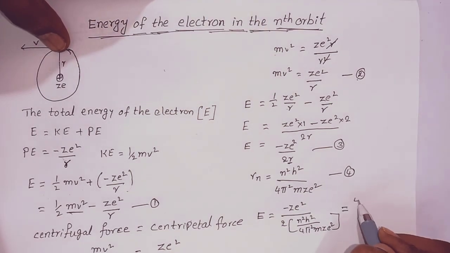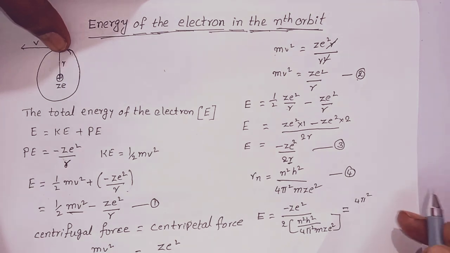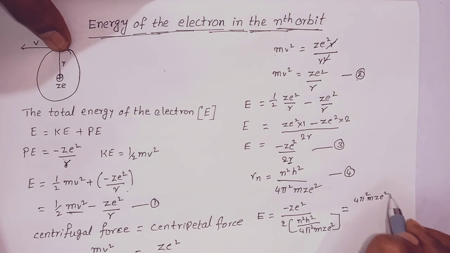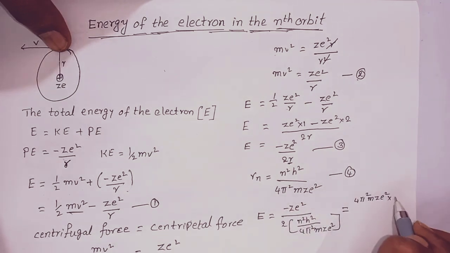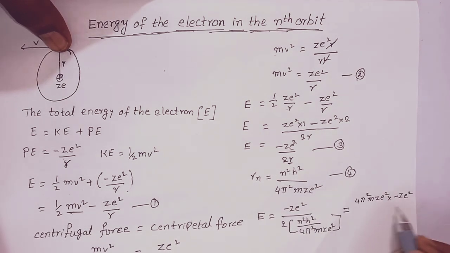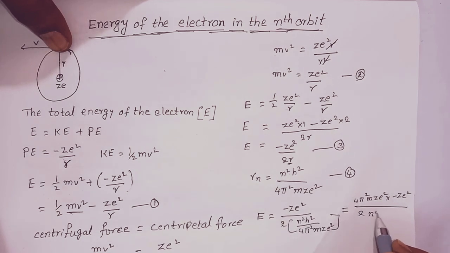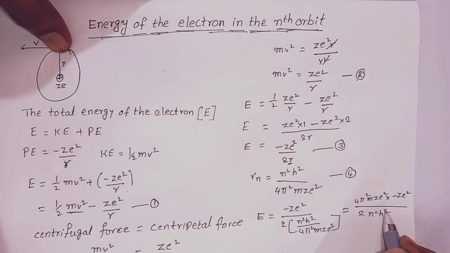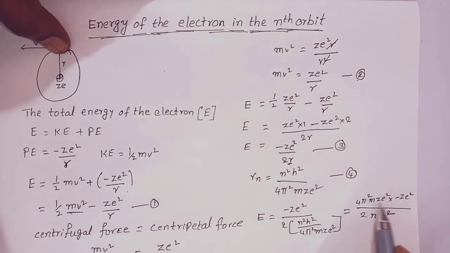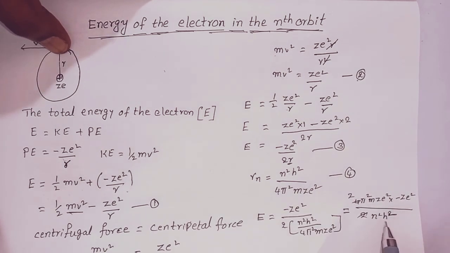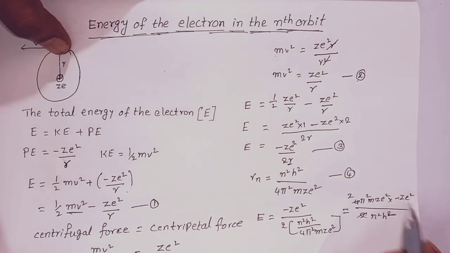This 4 pi square m z square into already minus z square, and minus z square by what will come here? 2 into n square h square, n square h square. So this 2 here for 2 times. Here what is there now already? Z into z square, minus into plus minus.